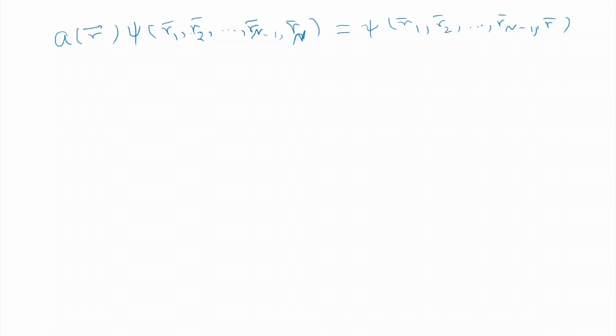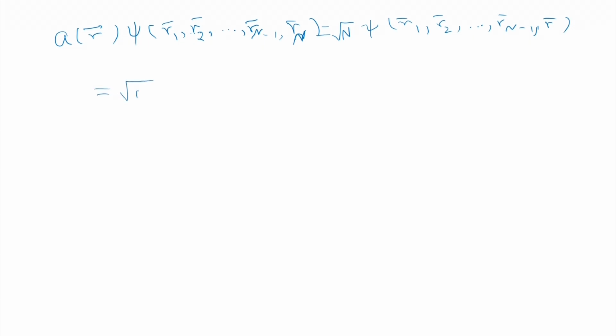Now there are only n minus 1 dynamical variables, namely R1, R2, up to Rn minus 1, and Rn is no longer there, it has been replaced by R. And of course, I forgot, there is a factor of square root of n, for reasons that I will explain later.